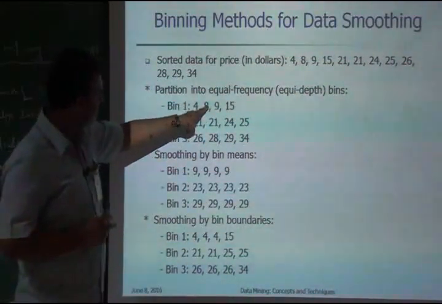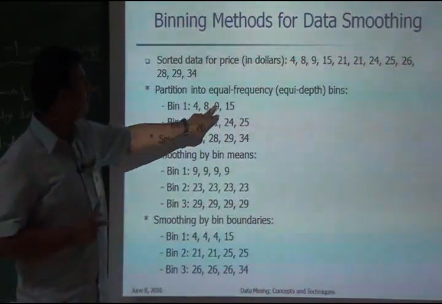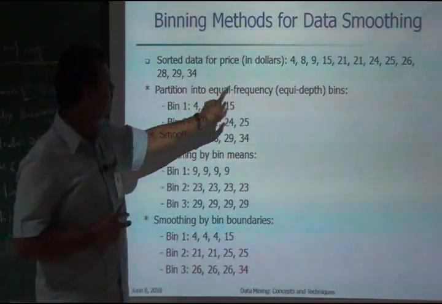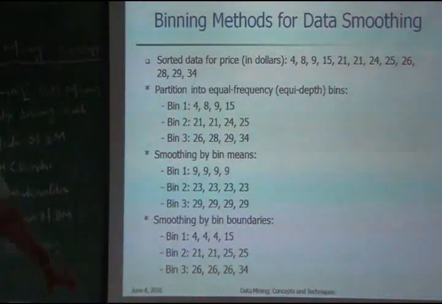So we replace 8 by 4. Then the next one, 9: the closest boundary value is again 4. 9 minus 4 is 5, 15 minus 9 is 6. We replace the bin value by the closest boundary value. That is smoothing by bin boundaries.